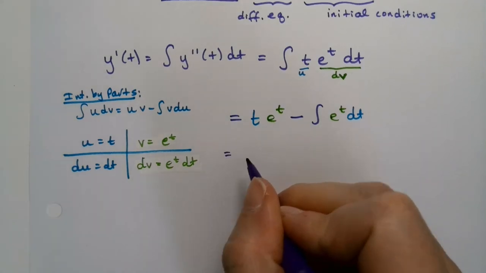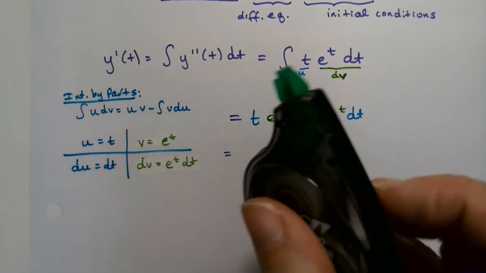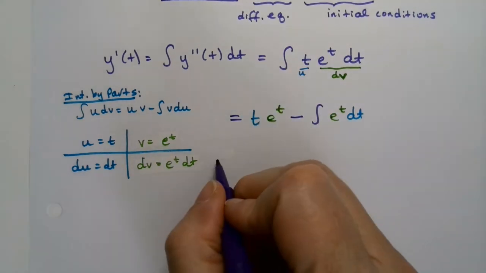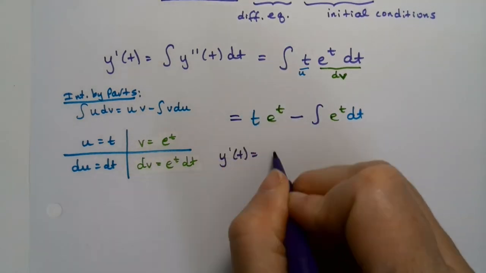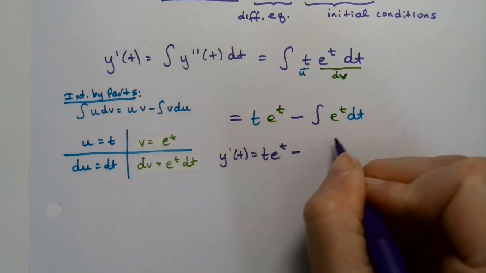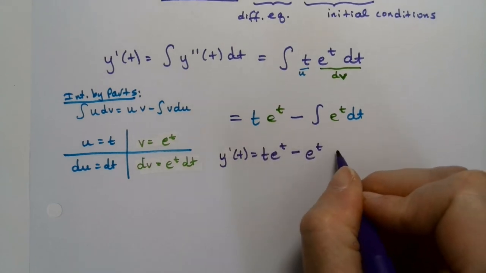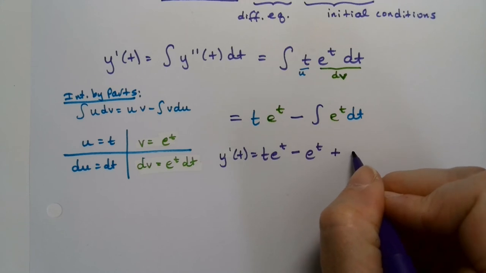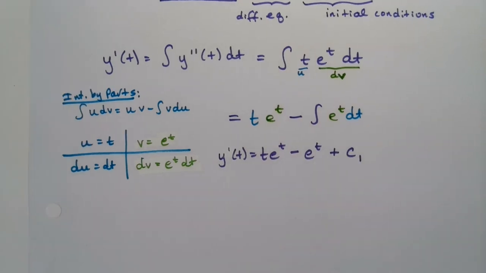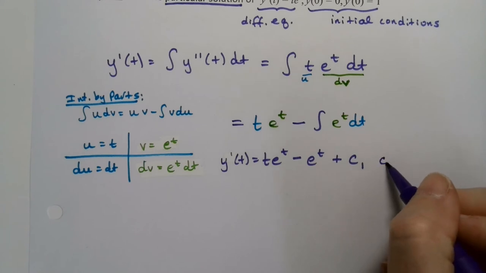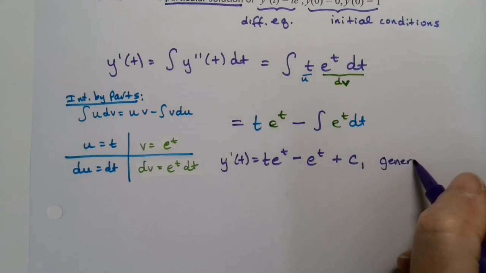So this means that y prime is equal to t e to the t minus e to the t plus a constant. I'll call it C1. All right, now this is a general solution for y prime.